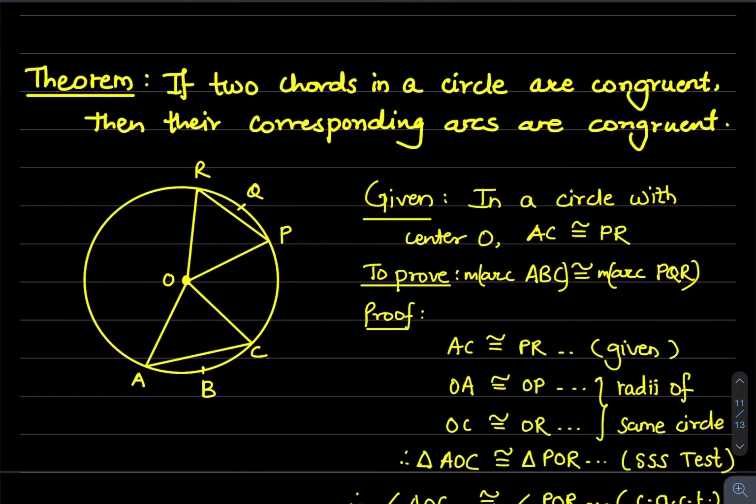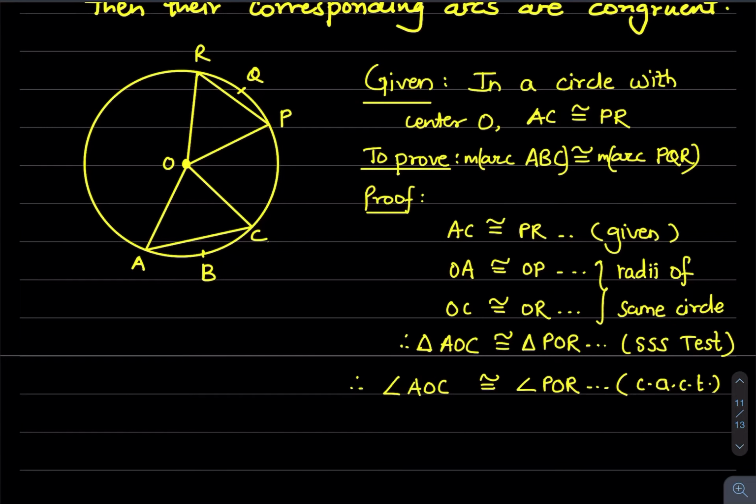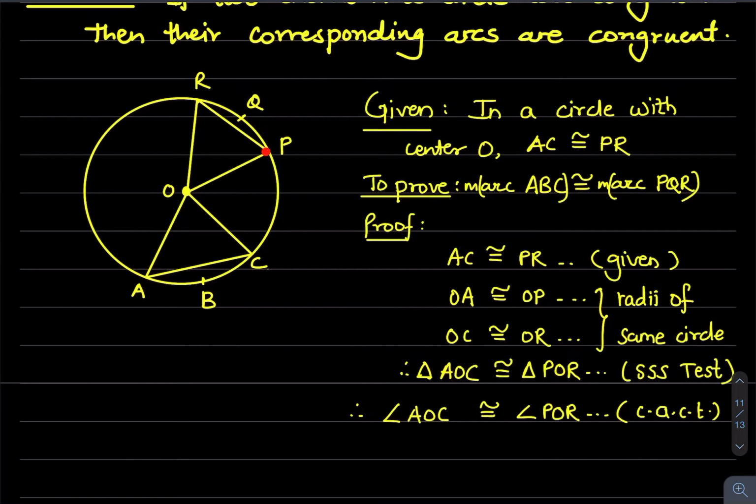Next, for the proof, first write down what is given. AC is congruent to PR, it is given. Then this radius is congruent to this radius. So OA is congruent to OP and OC is congruent to OR, reason: radii of the same circle. Then all three sides of one triangle are congruent to the corresponding sides of the second triangle.